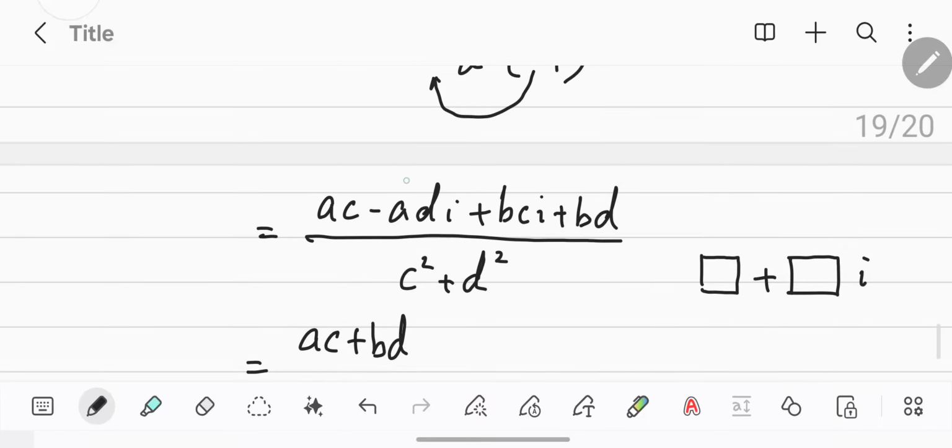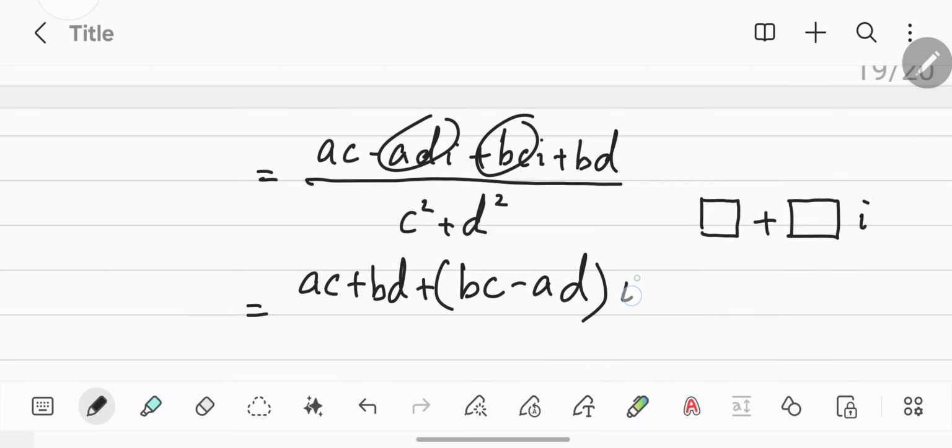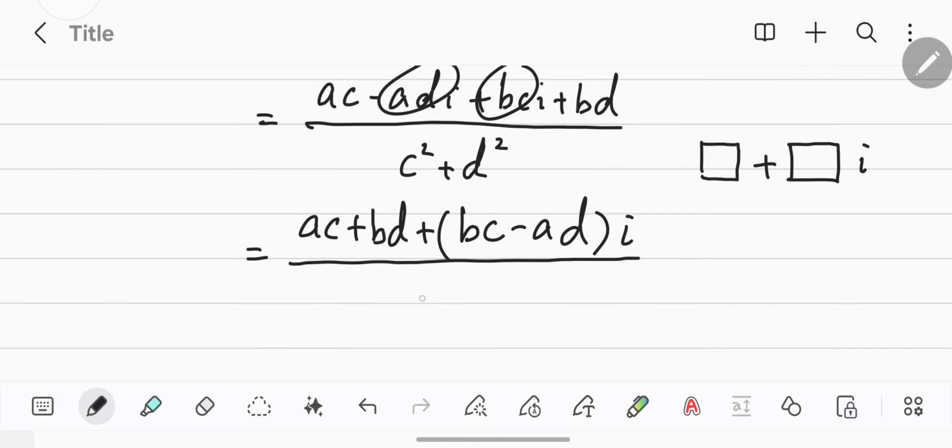Then this is the part with iota and this is the part with iota, so both are imaginary. I will write them this way, plus bc minus ad, and since both have iota, I have written iota with both of them. Okay, now divide by c square plus d square.